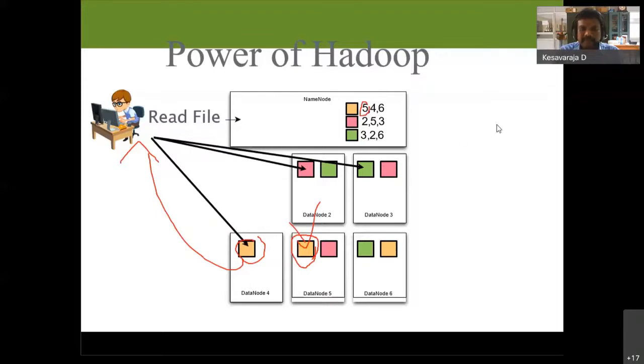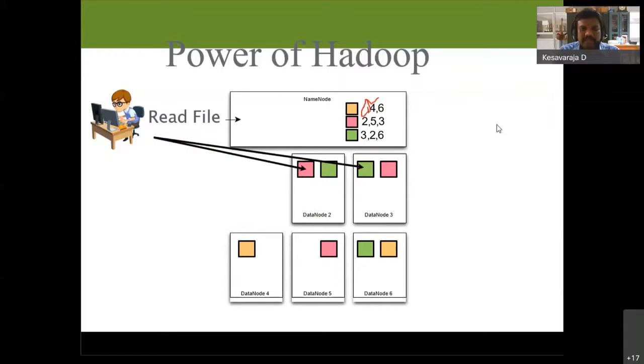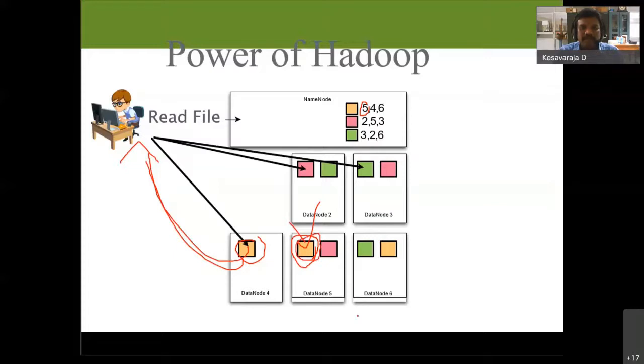I am repeating the same again. If data node 1 fails, then there is no yellow block in data node 5, so immediately it responds from data node 4 and replicates to data node 5. This is what HDFS was running.